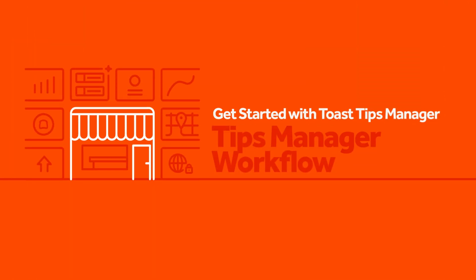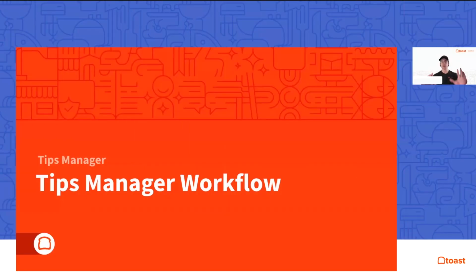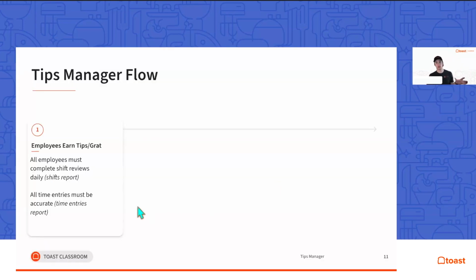We're going to start things off talking about our Tips Manager workflow. How do tips go from being earned on checks to being distributed, shared, pooled between our employees? So the first thing that always happens is that employees are going to earn tips and gratuities. Every time an employee uses their clock in code and starts a shift on the Toast point of sale, they're going to ring in checks.